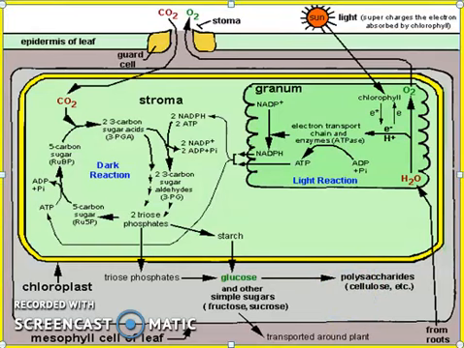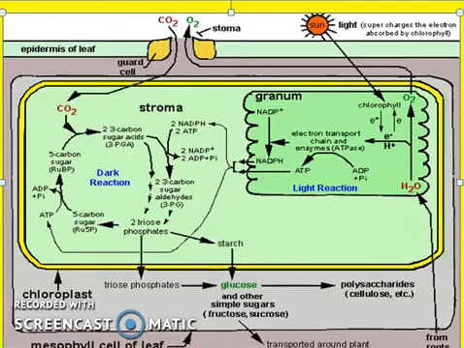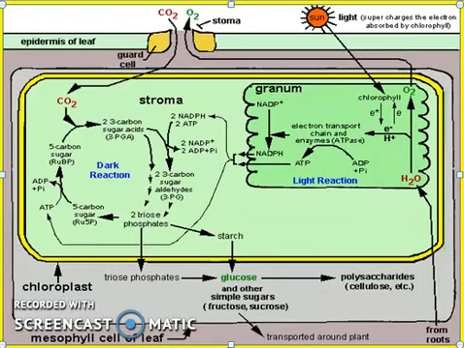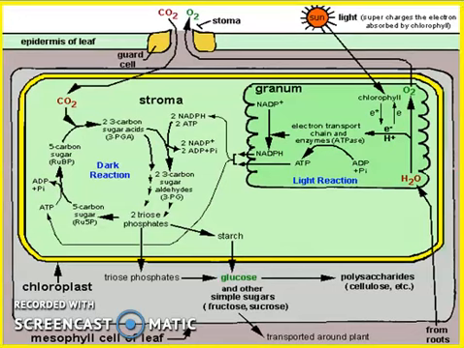When the electron gets to the end of the chain, it is pretty well drained of added energy, and NADP acts as a terminal electron acceptor, to utilize the last bit of energy in the electrons to produce NADPH.